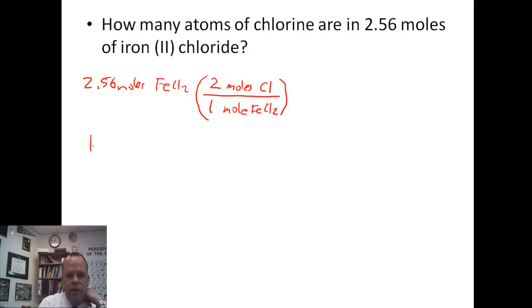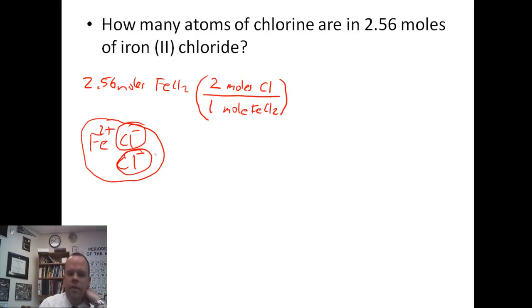It's FeCl2, so when you break it apart, it forms Fe2+ and 2 Cl minuses. So for every 1 mole, one of these whole molecules, you get 2 of the individual chlorines. So there would be 2 moles chlorine for every 1 mole.